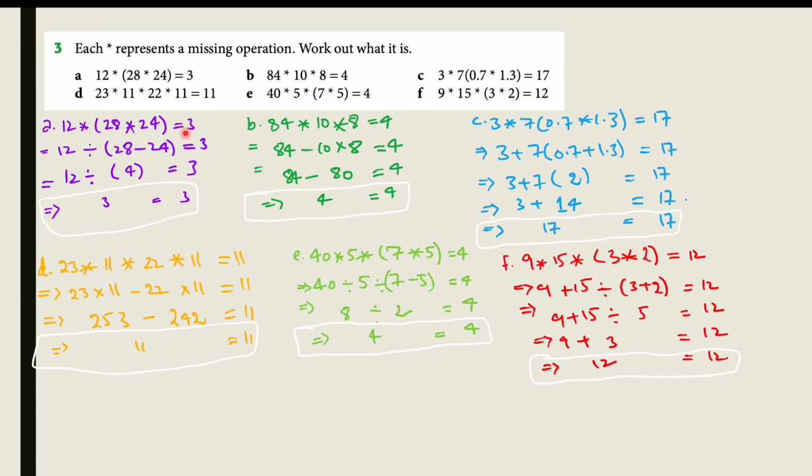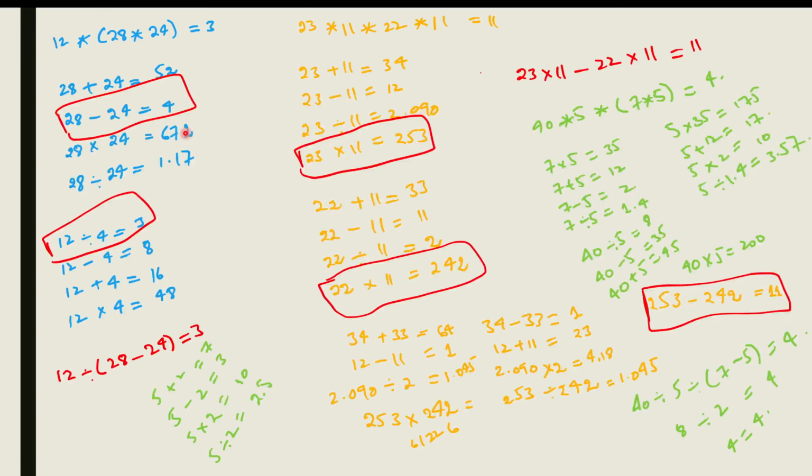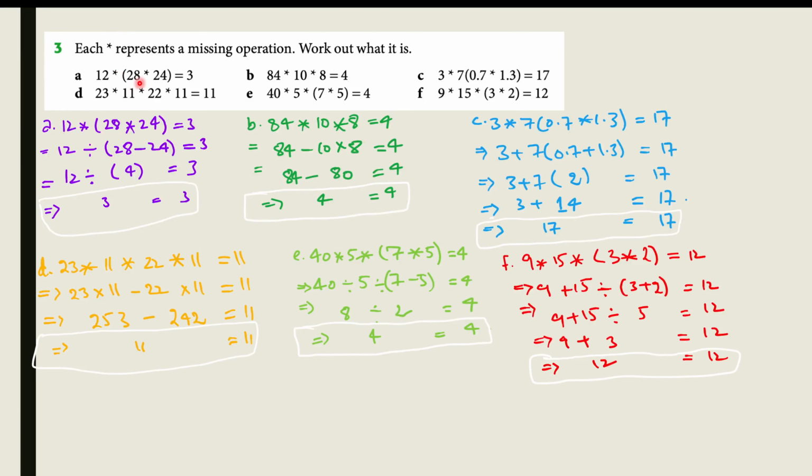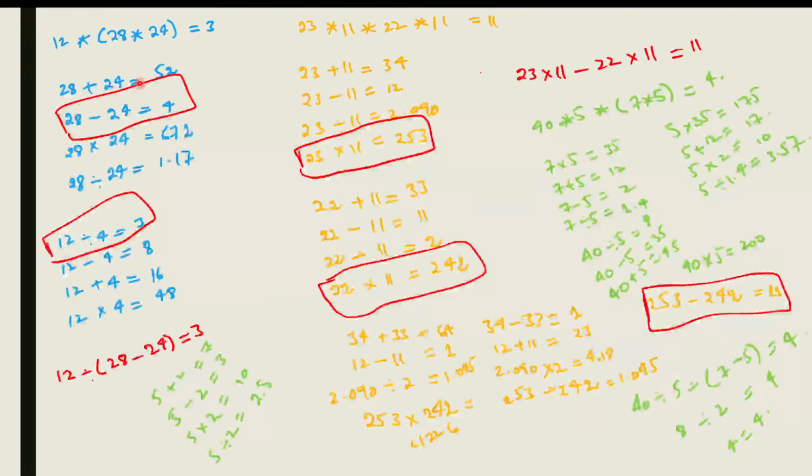Since we have brackets, we start with the brackets first. So for that we have 28 and 24.